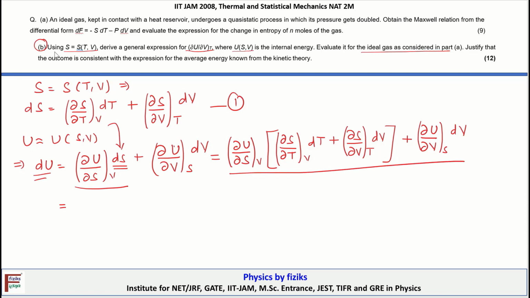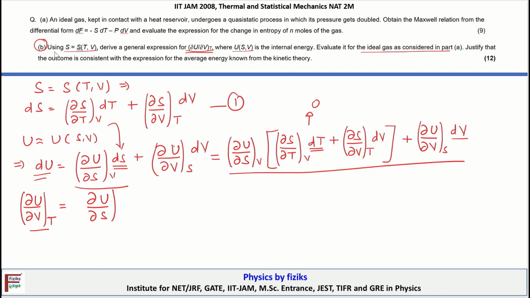Now we will bring dV to the left hand side and put a constraint of constant temperature, because that's what we are asked: dU/dV at constant temperature. So when we put the constraint of constant temperature here, this term will disappear, dT will become 0.